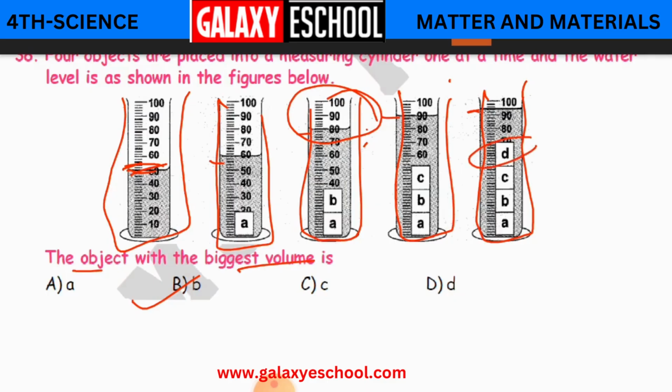When you dropped D, from 90 to 95, that is only 5. So by this we can understand that the object with the biggest volume was B, because there was a much larger increase in the volume when you dropped this B object. Understood, children? So this is how you have to check and go with your answer.